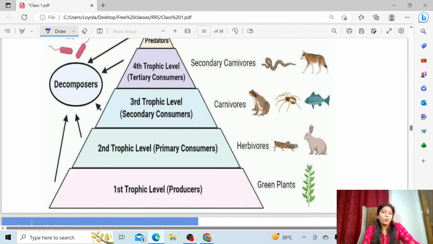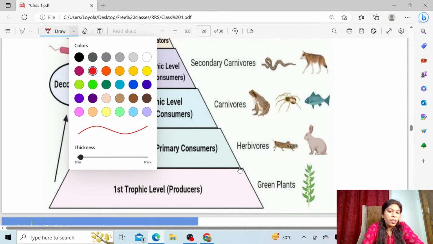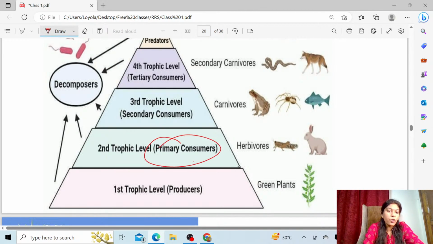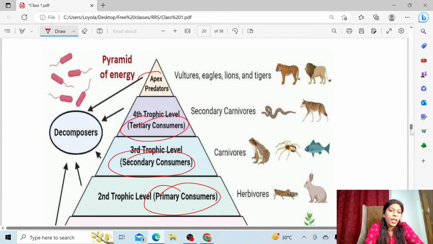Then come primary consumers, secondary consumers and tertiary consumers. We even have apex predators. Hereafter you will have only 4 levels in a food chain, not a fifth level, because there will not be sufficient energy to be transferred from one organism to another. In one diagram, I am going to show how energy flows and, at the same time, explain the food chain for you.